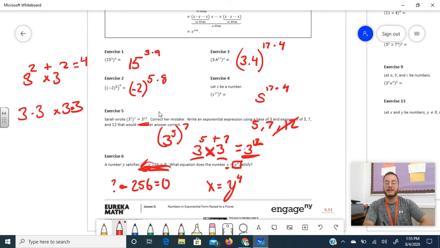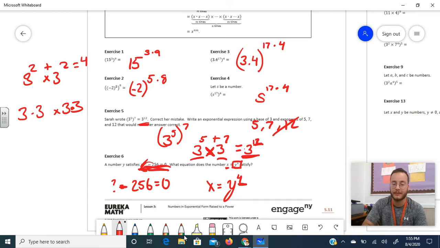I need to find an x value that makes it true. I can't put just a plain x right here because x equals y to the 4th. I need x to replace y to the 24th. So how can I make x equal y to the 24th? What can I do? Well, I need to make y to the 4th power equal 24.